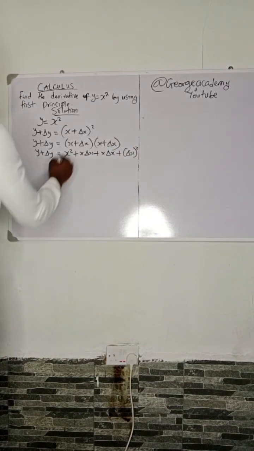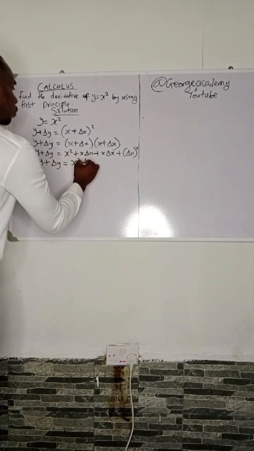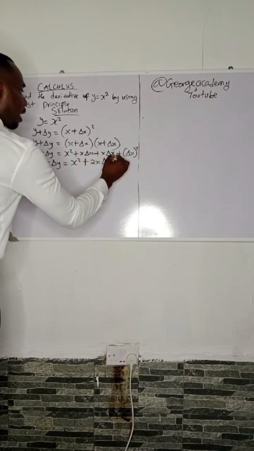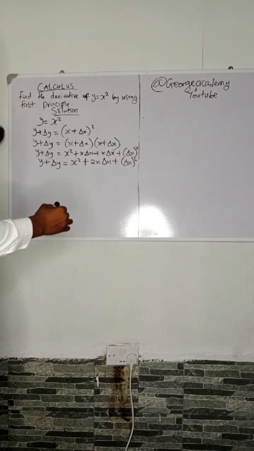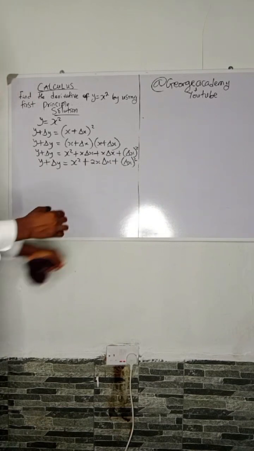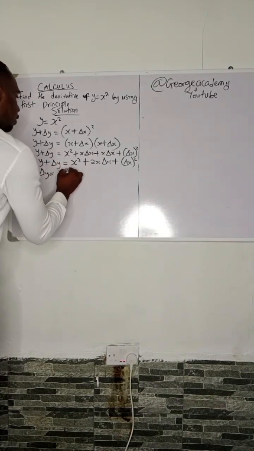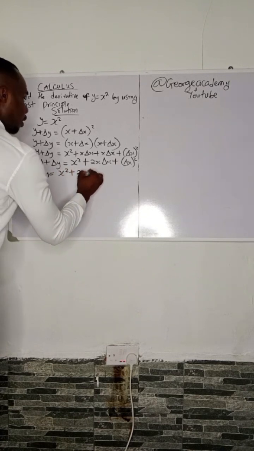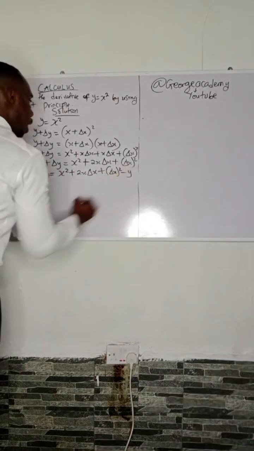Now what else do you do? You add this. So y plus delta y is equal to x squared plus 2x delta x plus delta x squared. At this point, you remember what we did before. We crossed this y to the other side of the equality sign. So delta y is equal to x squared plus 2x delta x plus delta x squared minus y.